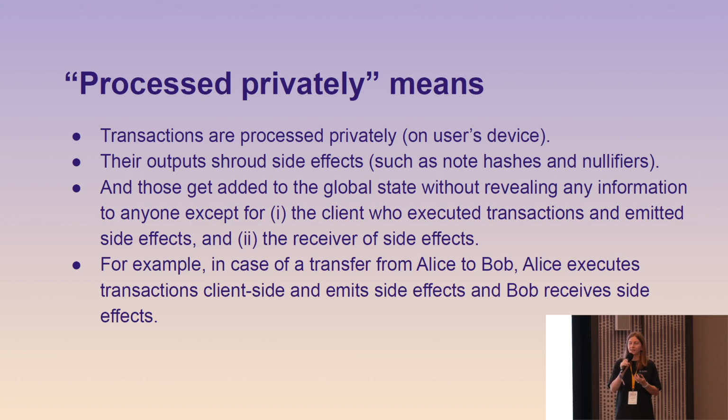For example, in case of a transfer from Alice to Bob, Alice executes transactions client-side and emits side effects, and Bob receives side effects, but no one else, just Alice and Bob, that's it.